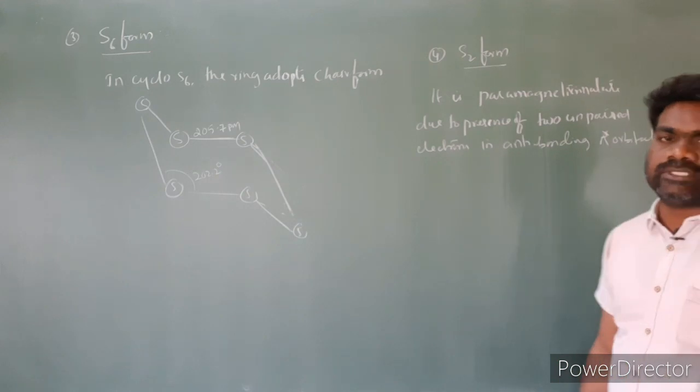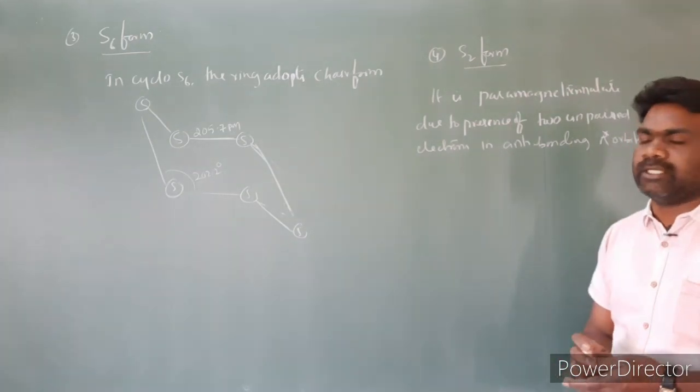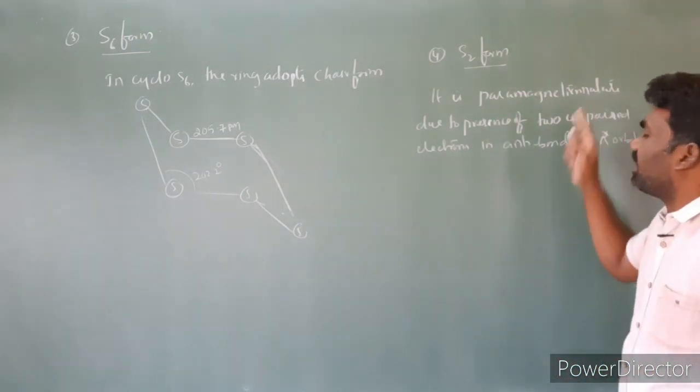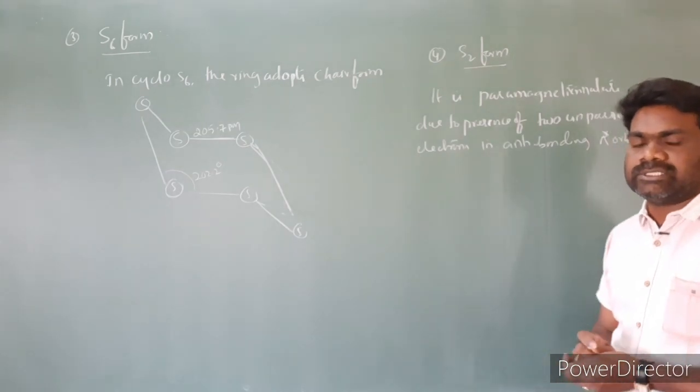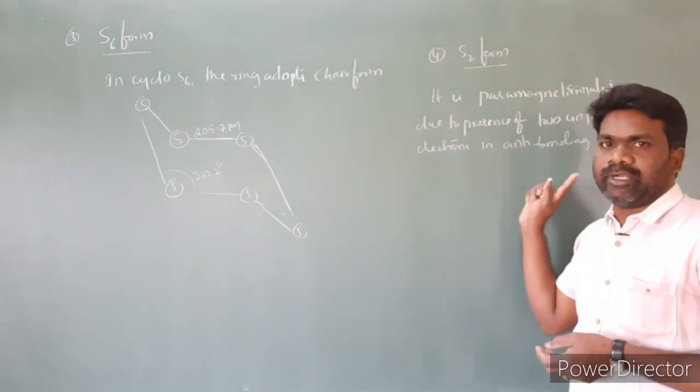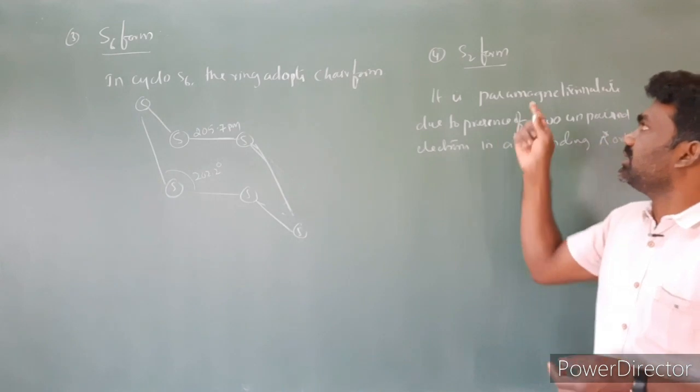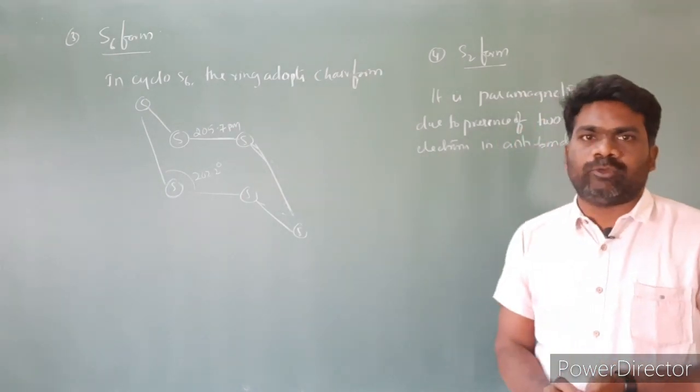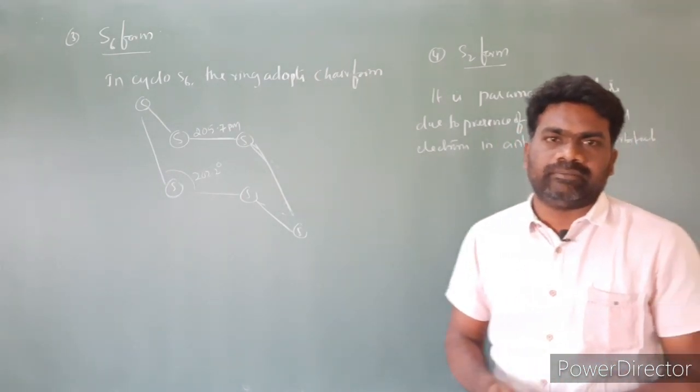Even you can take the oxygen molecule. Oxygen molecule also has a paramagnetic nature due to presence of two unpaired electrons in the antibonding pi-star orbitals. So this is S2 form. These are the allotropic forms of sulfur.